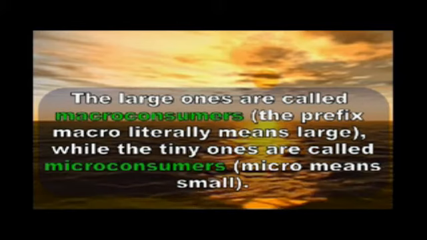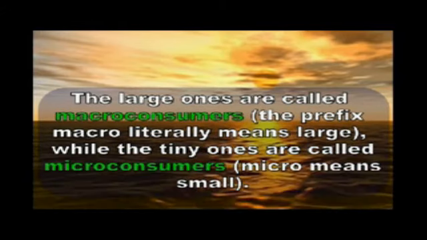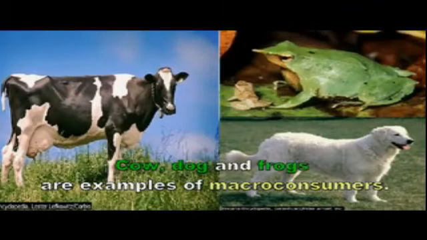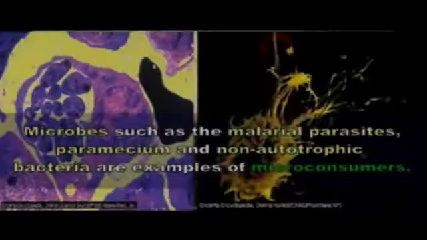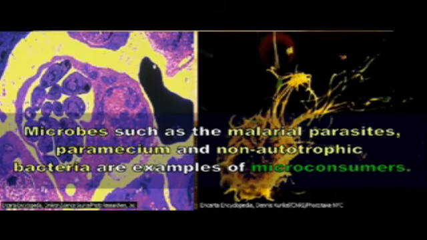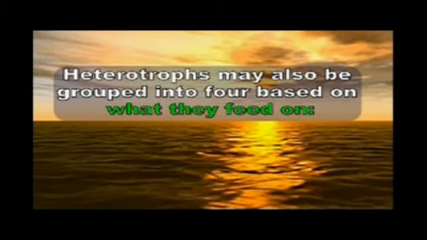The prefix macro literally means large, while the tiny ones are called micro-consumers. Micro means small. Cow, dog, and frogs are examples of macro-consumers. Microbes such as the malarial parasites, paramecium, and non-autotrophic bacteria are examples of micro-consumers.